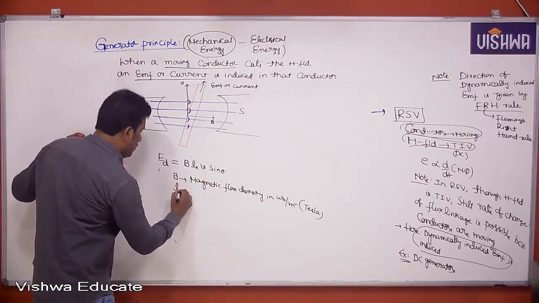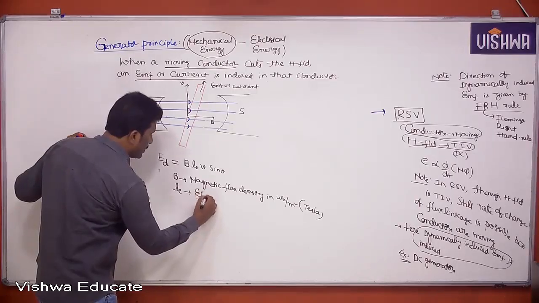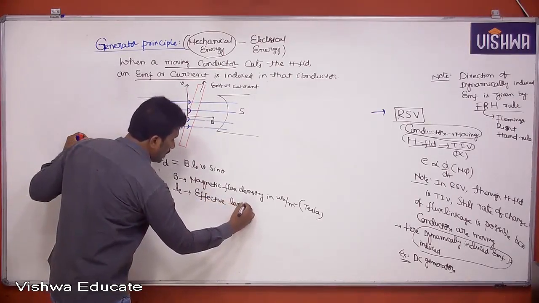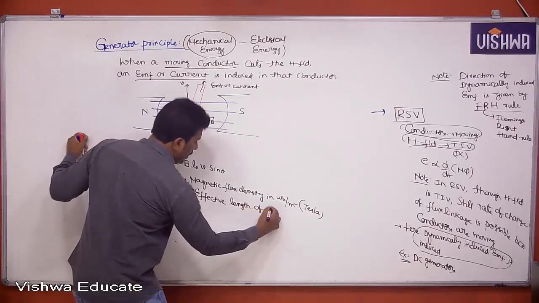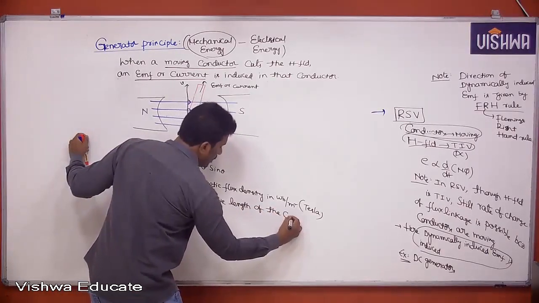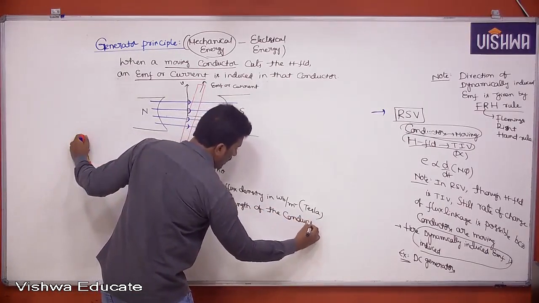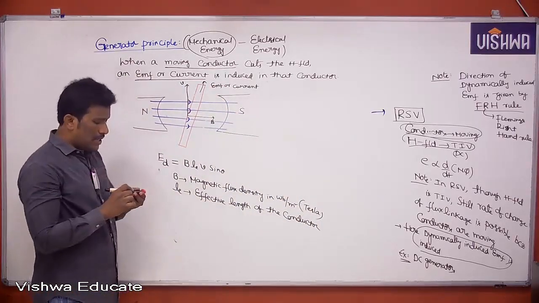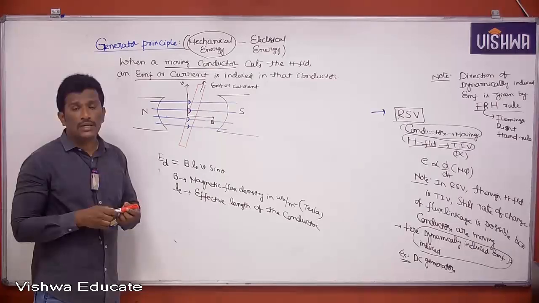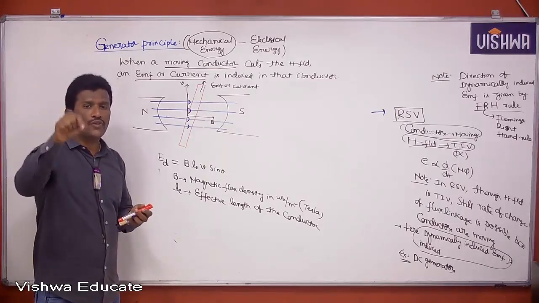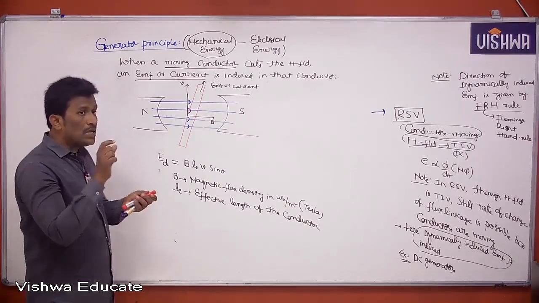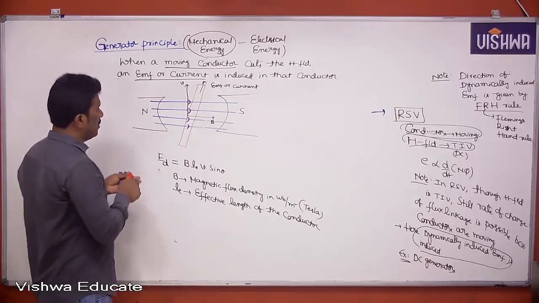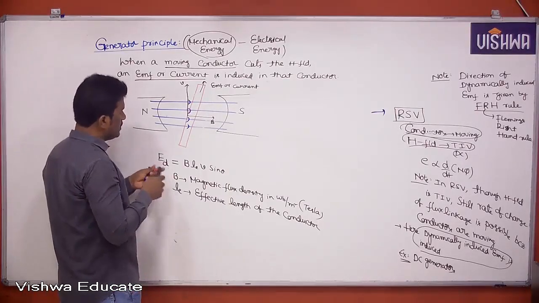And L_e means effective length of the conductor. See, don't take L as the total length from here to here. Please take only the length of the conductor which is under the influence of magnetic field. That means how much length falls under the magnetic field, that much length only should be taken. That means from here to here.